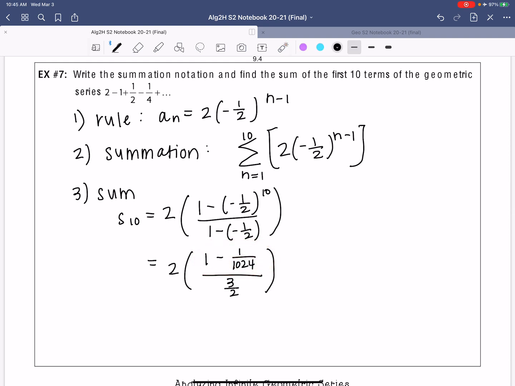When I combine those, I'm going to get 2 times, and the 1 becomes 1,024 over 1,024, minus 1 over 1,024. So 1,024 over 1,024 is the 1, and this one is negative 1 over 1,024, which is right here. Divided by 3/2.